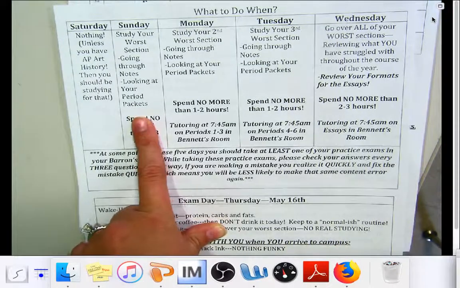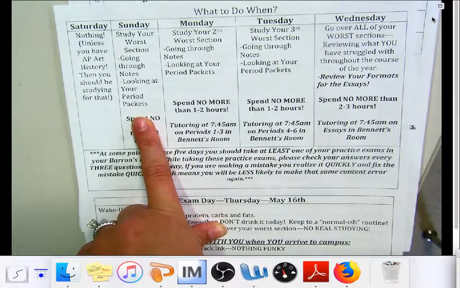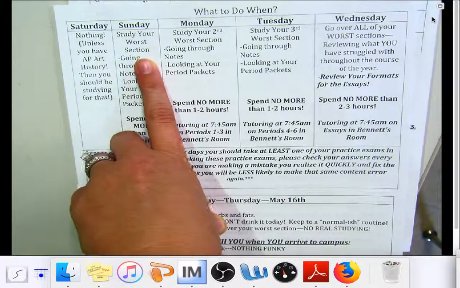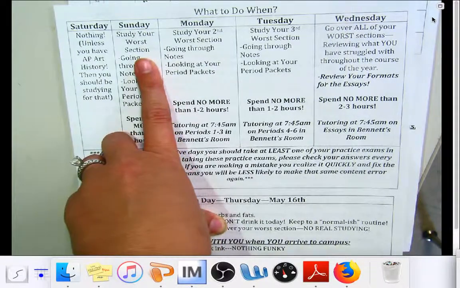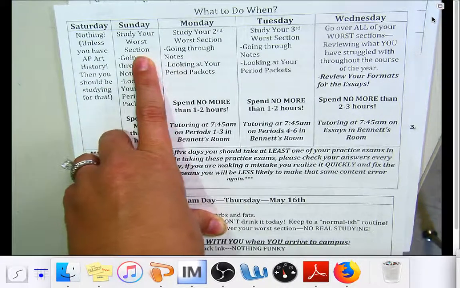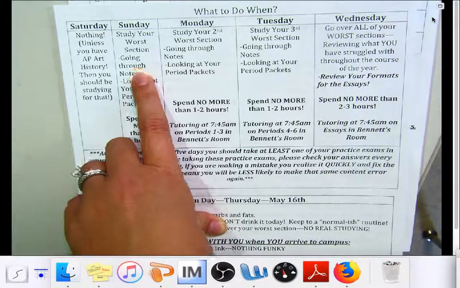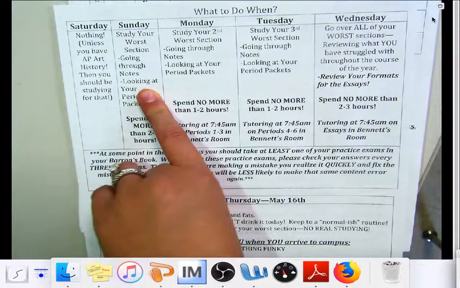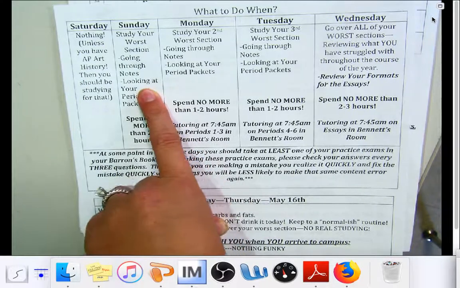On Sunday, you are going to study your worst section. So whatever section has the highest mathematical errors that you just calculated, that's the section you're going to work on Sunday. You're going to go through your notes and highlight and annotate them if that works for you. You're going to go through that packet, whatever it takes.